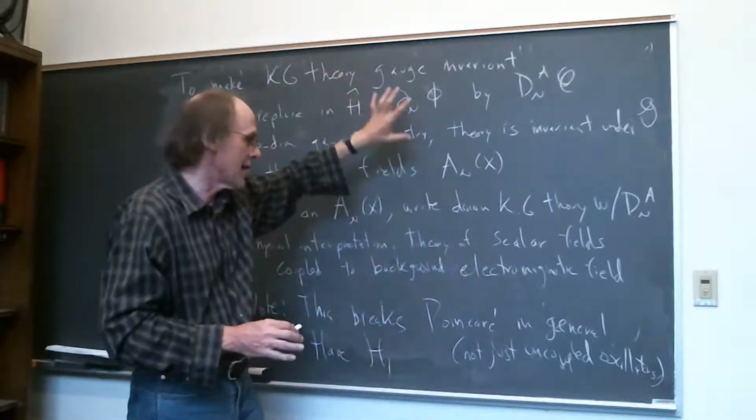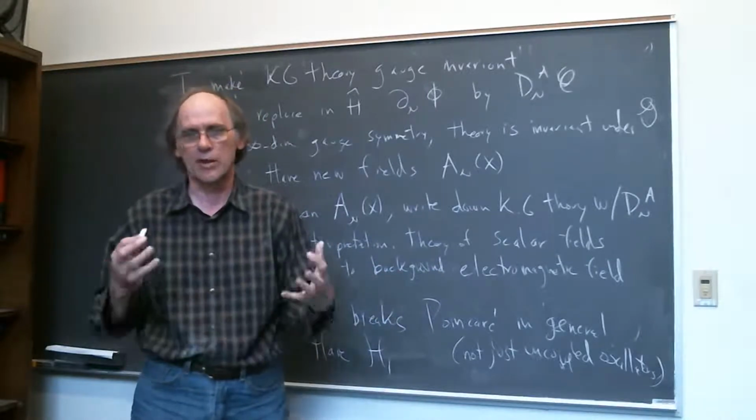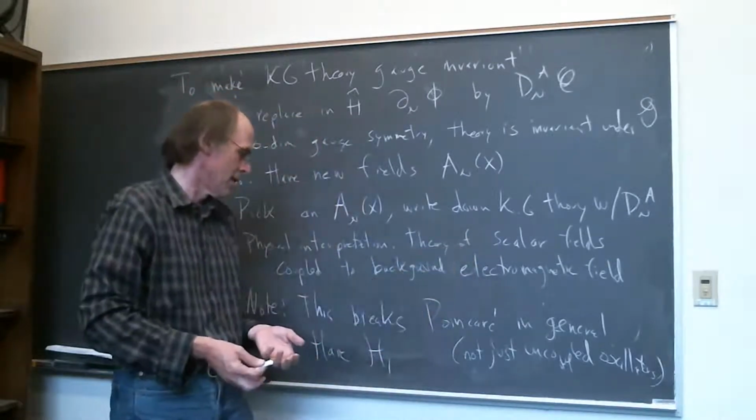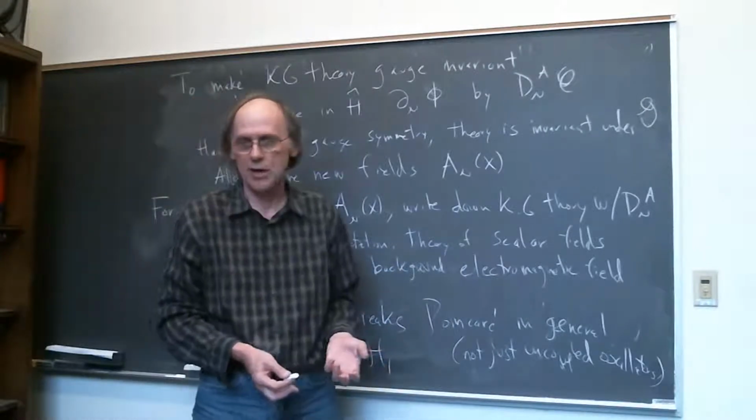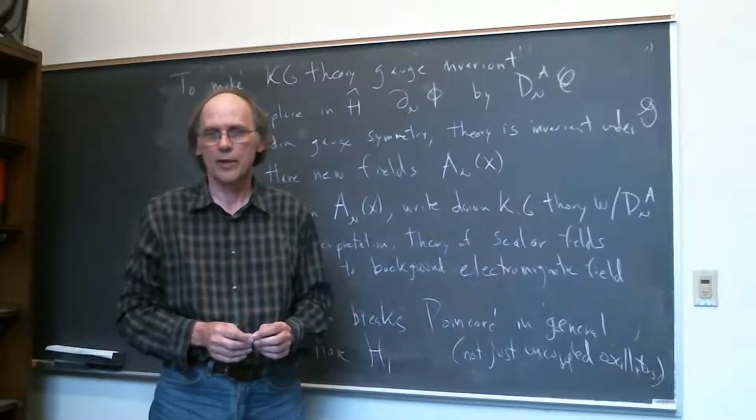So what we've written down is in some sense a very non-trivial theory, and I can't explicitly solve it except for some very special choices of A_mu.